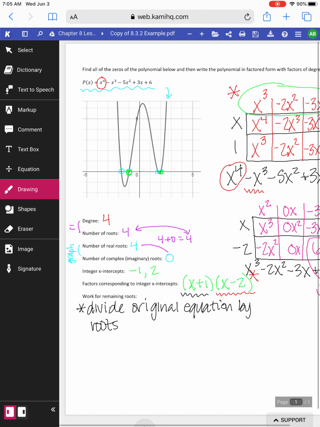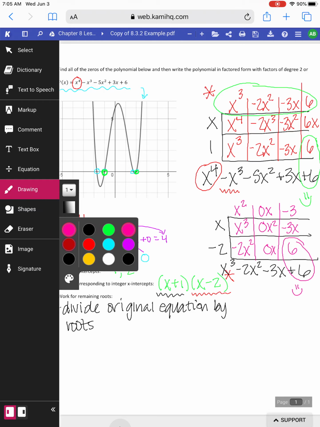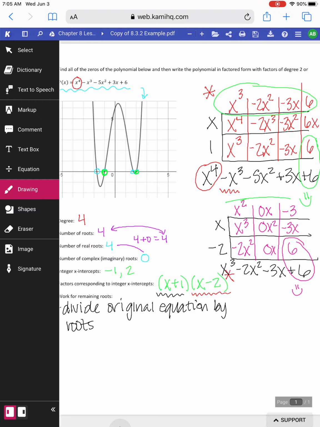So now what we know is that our last roots can be found by using our top answer here. So we know that this polynomial is going to give us the answer to our next roots. What we're going to do is set that equal to 0, and we're going to solve. You can either use quadratic formula, or this one, since we have no x terms, we can actually just use our algebra.